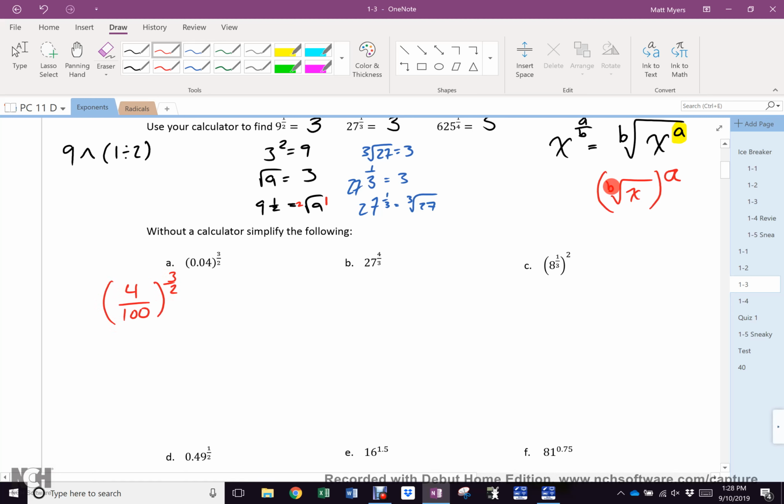It becomes the root. So I need the square root of what? 4 over 100. And what am I going to do with that whole answer? Put it to the third power. Well, what's the square root of 4/100ths? 2/10 to the third power.